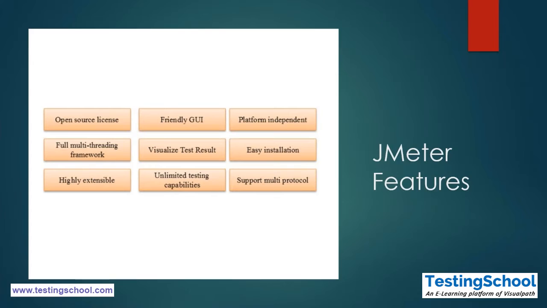We will come to know in the latter part of the tutorial how friendly the JMeter GUI is also. It is very user friendly, and if you see one of the scripts, then you will understand how easy it is to develop a script. Yeah, these are all about the JMeter features.